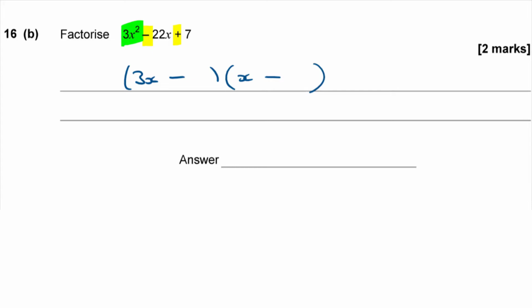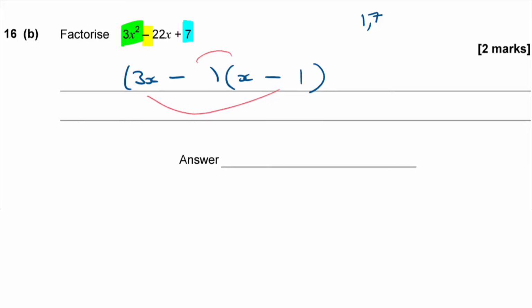And then finally looking at the number on the end there, that's 7. 7's prime, it's only got one factor pair, which is 1 and 7. So which way round do they go in? I can either put the 7 here and the 1 here, but that would give me minus 3x minus 7x, which gives minus 8x in the middle, which is not what I want.